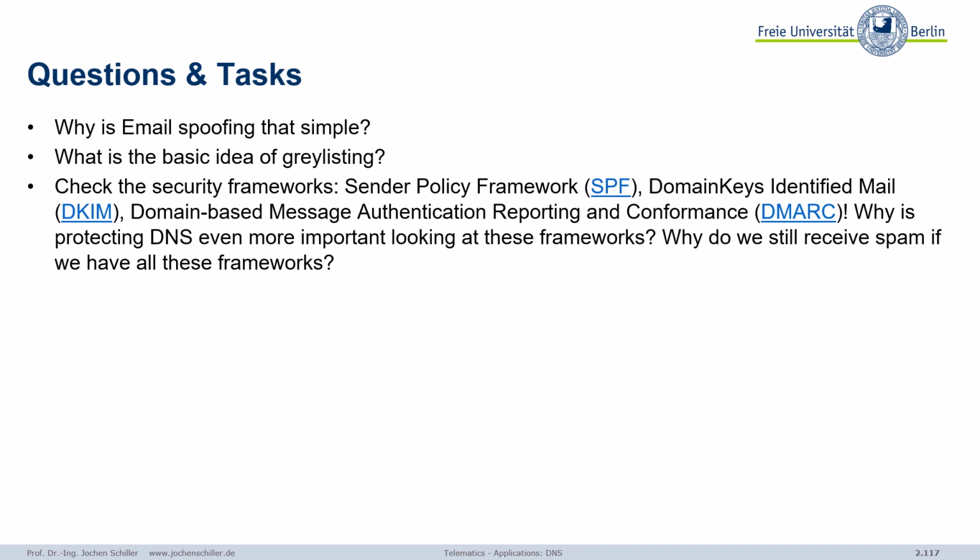If you just pick one, SPF, for example, then why, again coming back to DNS, is it so important to protect this phone book, our DNS? Why is it even more important if you look at the frameworks? And now we have the frameworks with greylisting, it's fantastic, so why do we still receive spam?